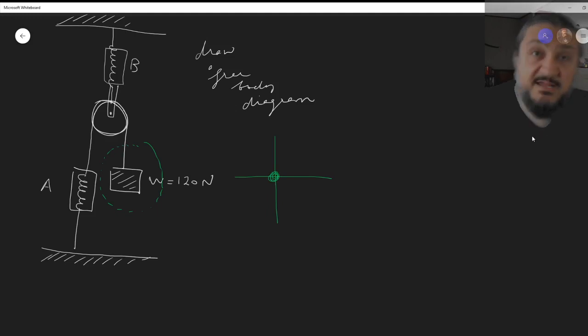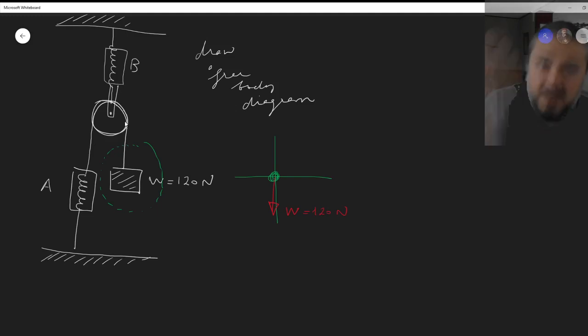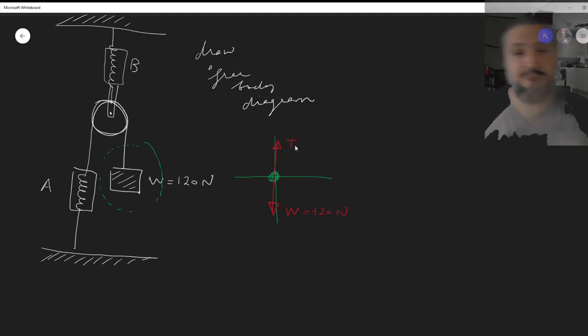Okay, so what are the external forces acting on the weight there? Earth pulling it downward with a force equal to W, 120 newtons. And this cable pulling it upward. I'm going to call it tension, or T. That's pretty much it.